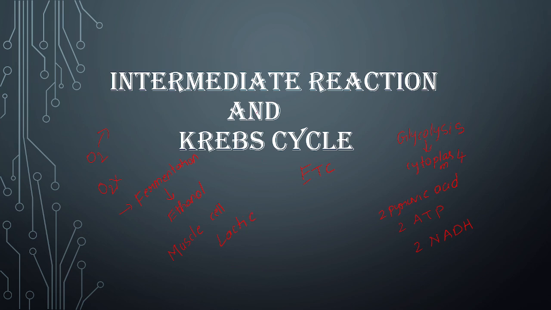First we go with the intermediate reaction. Before that, this pyruvic acid is formed from glucose, which is formed from carbohydrates.